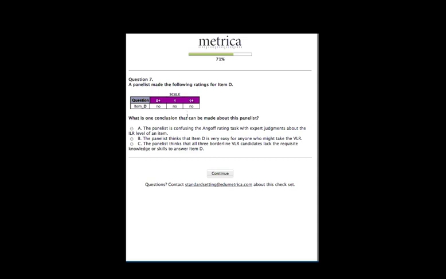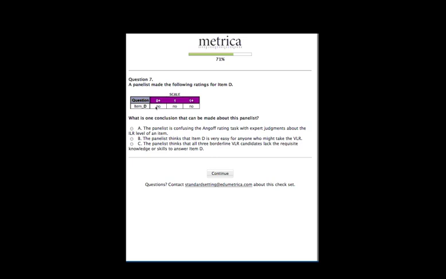Question 7. Look at this set of ratings. What can we conclude about this panelist? Is the panelist confusing the Angoff rating task with expert judgments about the ILR level of an item? No, not necessarily. This set of ratings is a legitimate set of ratings. Does the panelist think that item D is very easy for anyone who might take the VLR?